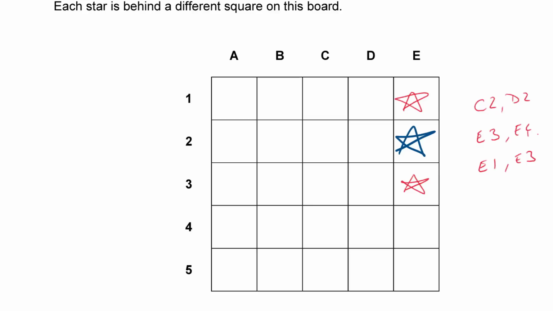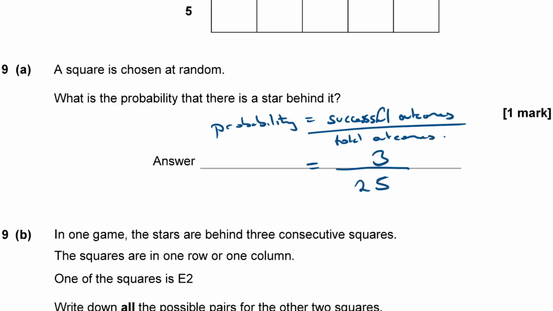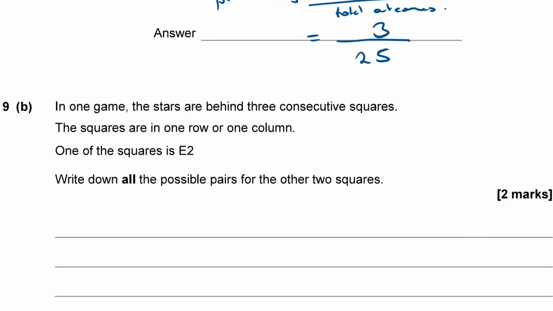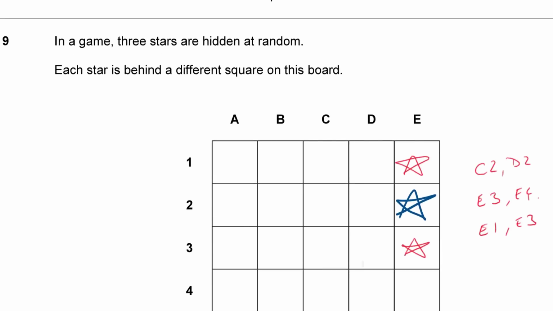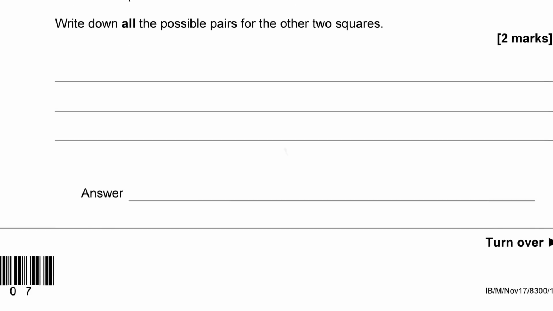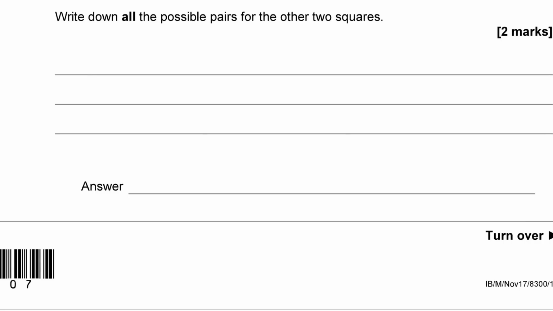So let's just write all those down in the answer box. So what do we need to write down? Write down all the possible pairs of the other 2 squares. So we said that it was C2, D2. So it can be C2 and D2. Let's put a plus for them because it's both of those 2.